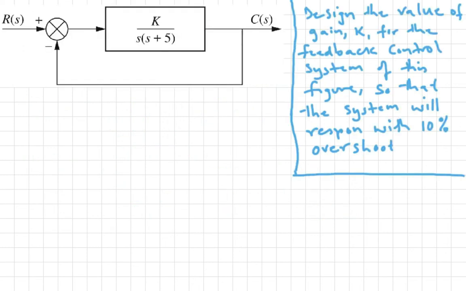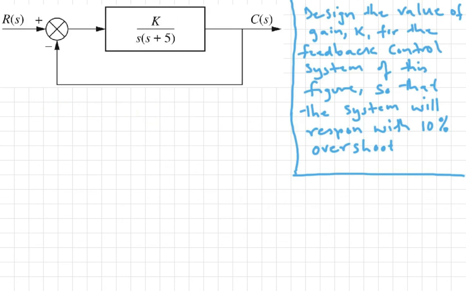Now we're going to look at an example that involves design. This question says that you should design the value of the gain K, and this is our K, you can see, the gain for the feedback control system of this figure, so that the system will respond with 10% overshoot. So our desire is to have a percentage overshoot equal to 10%. That's the goal.